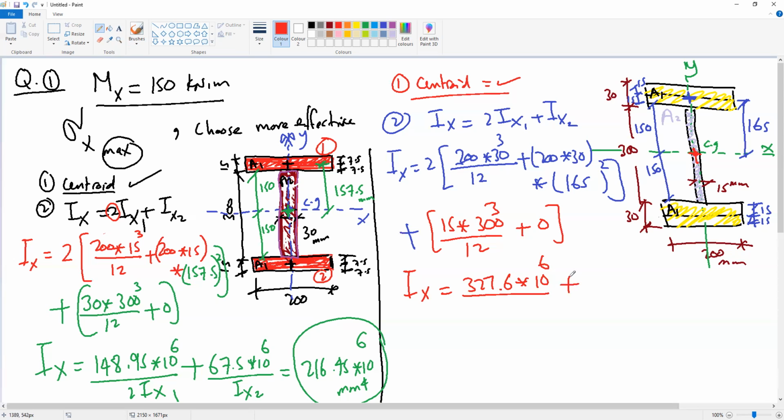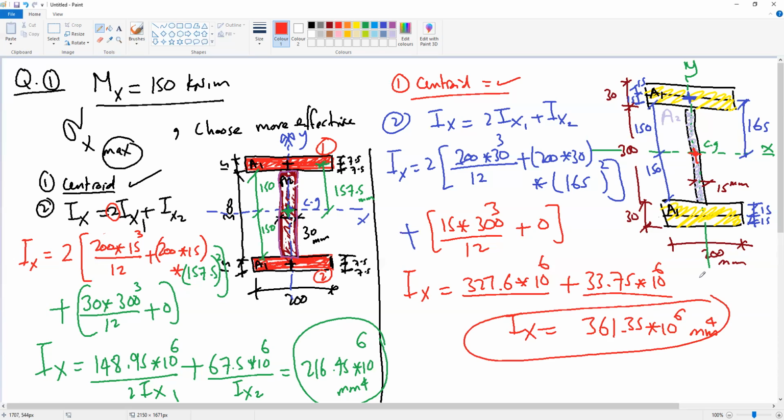This is the first part, plus 15 times 300 cubed divided by 12, which is 33.75 times 10 to the power 6. So the total inertia will be 361.35 times 10 to the power 6 millimeter to the power 4.